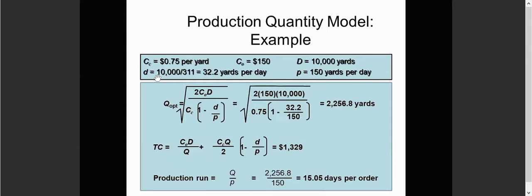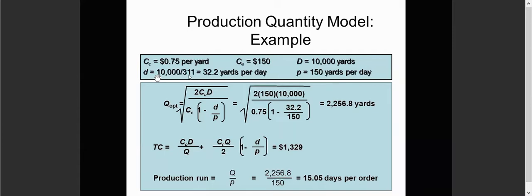We state it as setup cost to suit the production environment in an organization. The demand here is 10,000 per year.